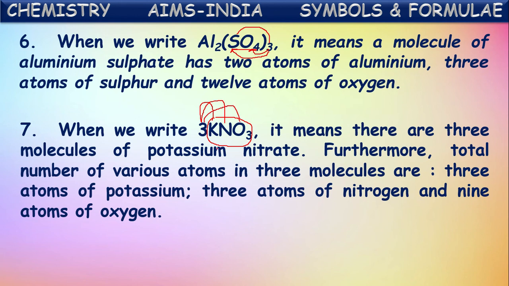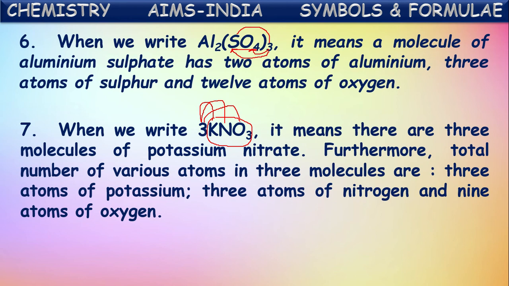Now we can say there are 3 potassium atoms and 3 nitrogen atoms. At the same time, 3 into 3, because there is already a 3 in the formula, so 3 atoms in each molecule and there are 3 molecules. So 3 into 3, totally 9 oxygen atoms are present in the given substance 3KNO3.